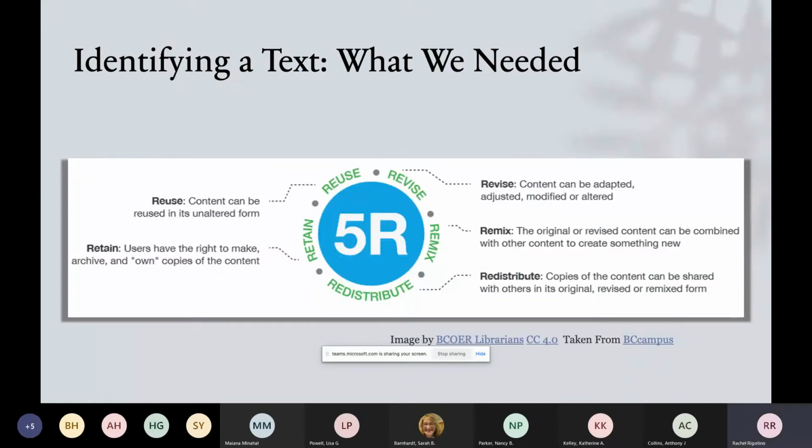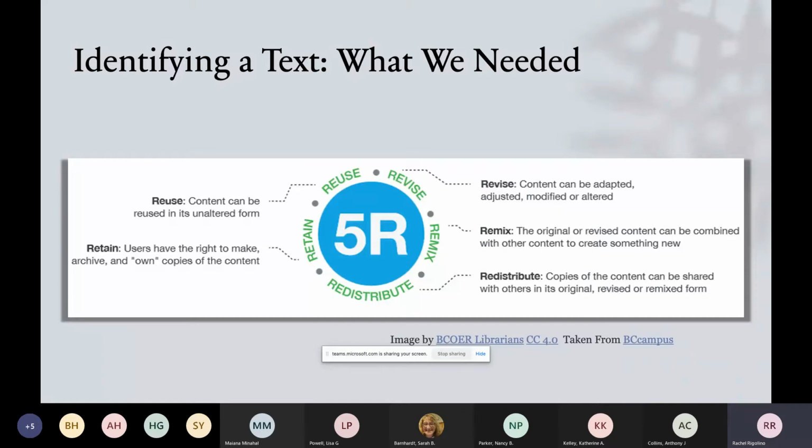So in keeping with the spirit of OER, Wiley came up with this. He's one of the champions of OER. I believe his first name is David Wiley. These 5 R's. So an OER text can be reused. It can be revised. Now it depends.